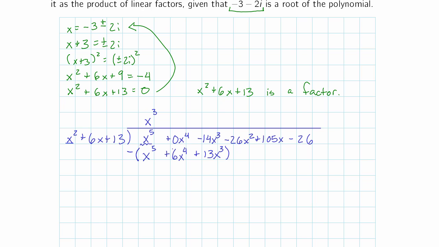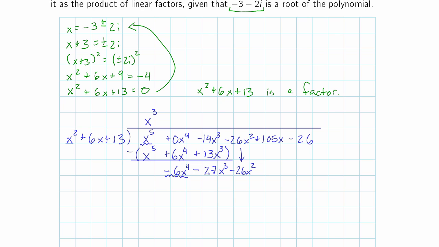And now we subtract. So, negative 6x to the 4th, negative 14 minus positive 13. Be careful here. We have minus 27 x to the 3rd. And then we'll bring down our negative 26 x squared.